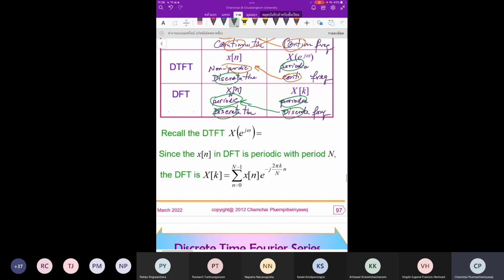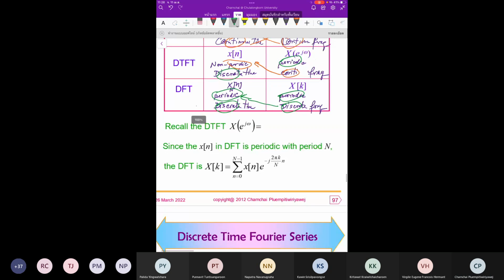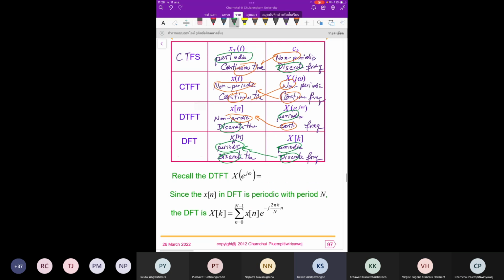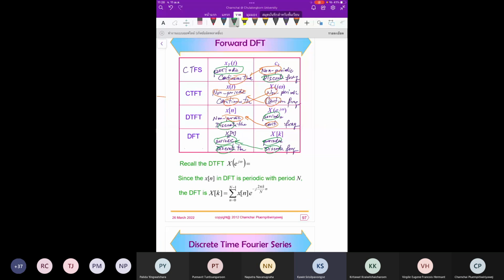Okay. We have covered all of them, except for the last one, the DTFT. Can you explain the relation again? If one domain is periodic, the other one would be discrete.